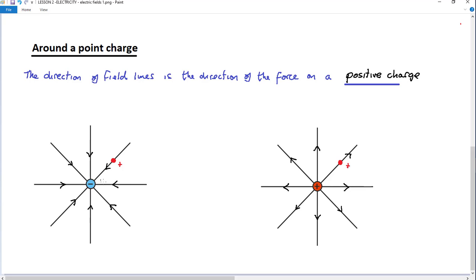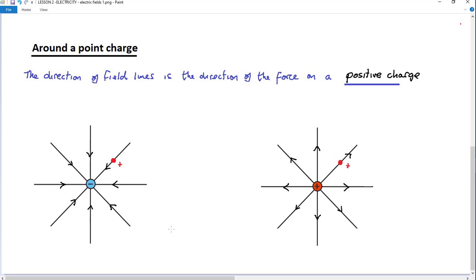Now, in the case of a situation where we have 2 point charges which are drawn near to each other, remember this charge here is just an imaginary point charge, like this one. But in the case that I brought these 2 charges near to each other, what happens is that this radial pattern is then lost because the electric field produced by this charge and the electric field produced by this charge will interact with each other, and so you get a much more complicated field pattern.